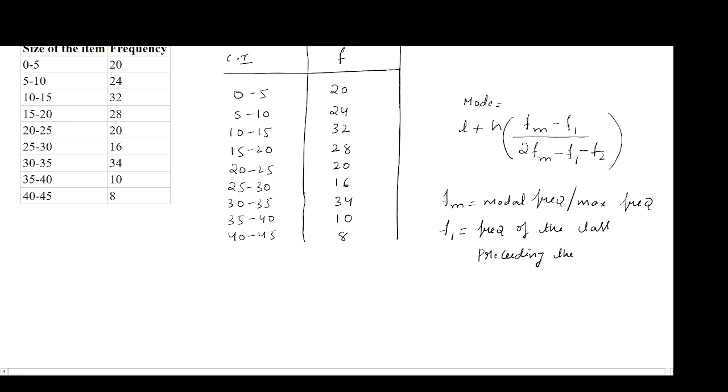I am writing it as a shortcut to save space. I will explain while solving the problem how to identify these. Then F2 is equal to frequency of the class succeeding the modal class or maximum frequency, both are same.